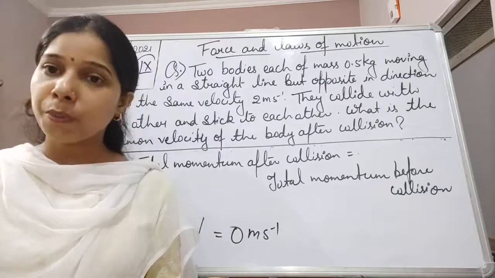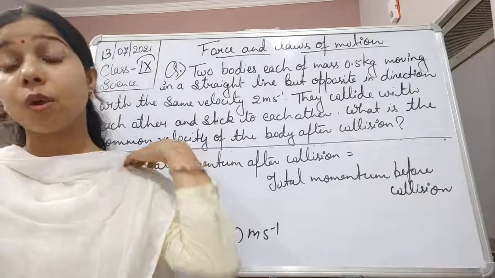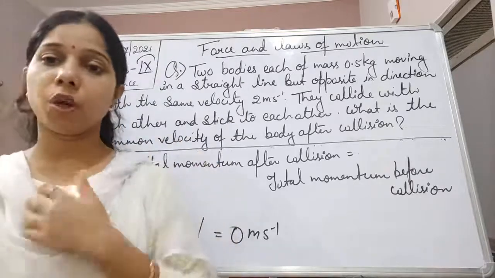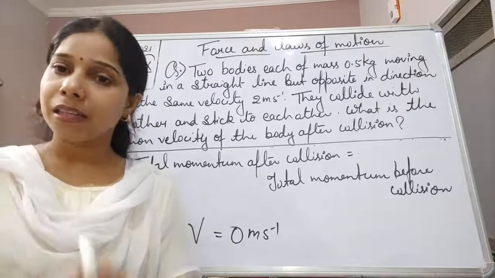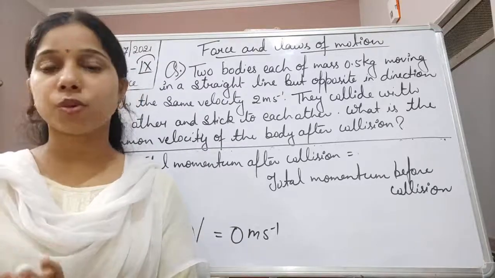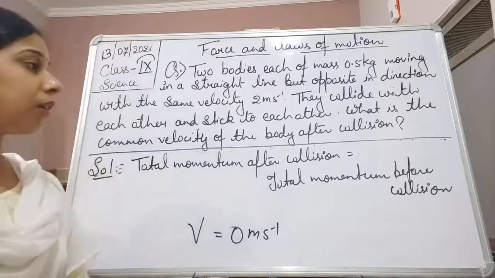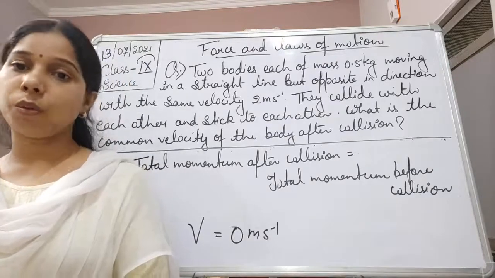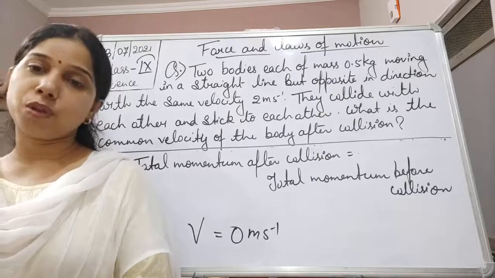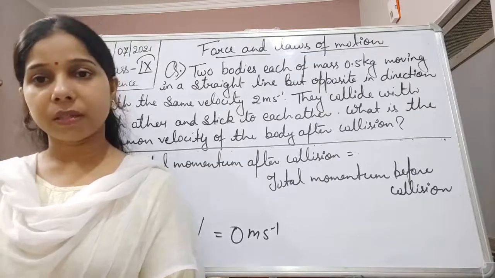So in order to maintain the law of conservation of momentum, students, we understand that initially the total momentum is 0. So here if the velocity will be 0, only then the total momentum will be equal to 0 and prove the law of conservation of momentum.